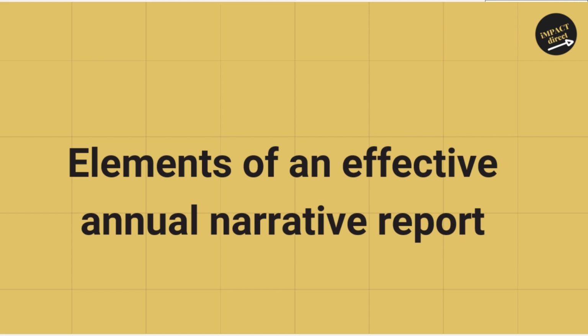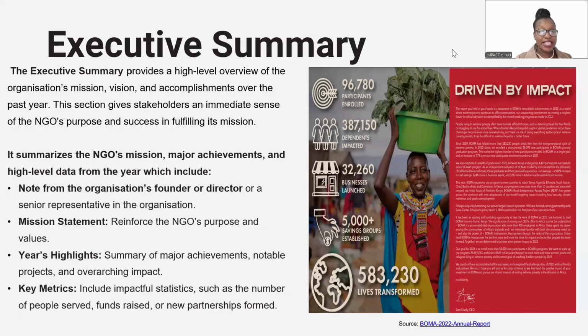The first aspect is you always start with an executive summary. This gives an overview of the organization's mission, vision, and accomplishments. There are different aspects when it comes to the executive summary. Something we've seen that is so common is having a note from your founder or director.